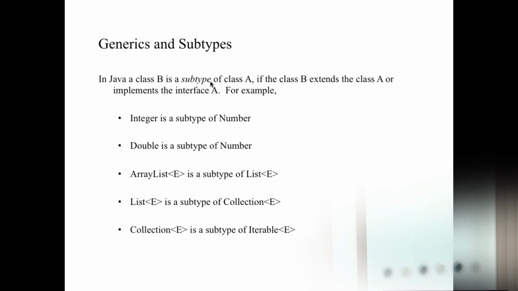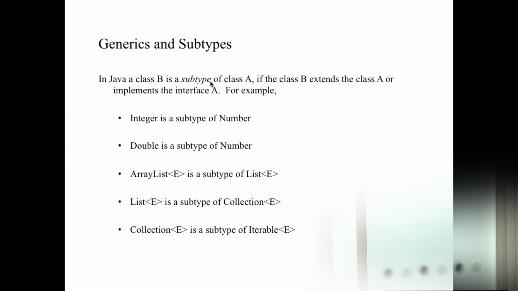Inheritance allows us to use a super type reference to point to objects of any of its subtypes. If you have a class A and classes B and C, which are subtypes of class A, you can use a reference variable of type A to point to objects of type B and C both. But this substitution principle does not work with generics.